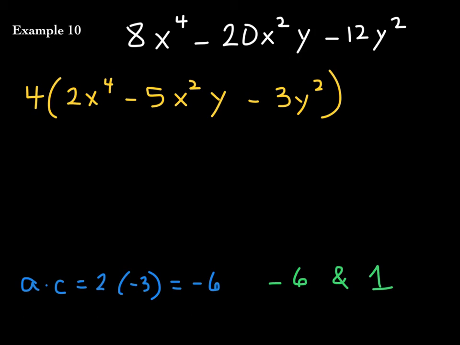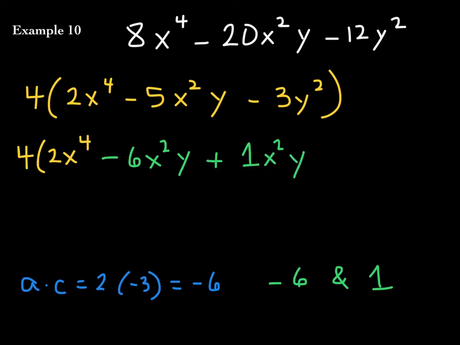So don't forget the 4 out there, and then 2x to the 4th power, and then minus 6x squared y, plus 1x squared y. You don't really need to write the 1 there, but I did. And then minus 3y squared. I'll close the parentheses here. So again, please notice that this term split into these two terms here.